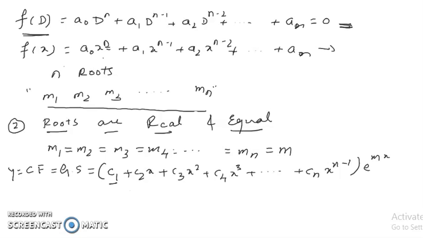Again, as I told you, if the differential equation has order n, then it must have n arbitrary constants. So we are going to introduce C1, C2, C3 and so on, Cn, n arbitrary constants.